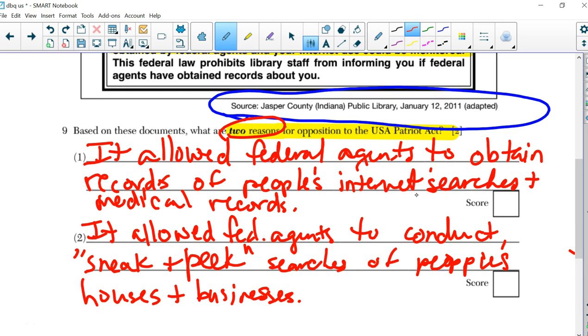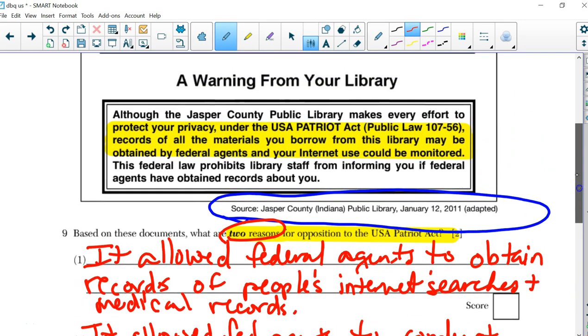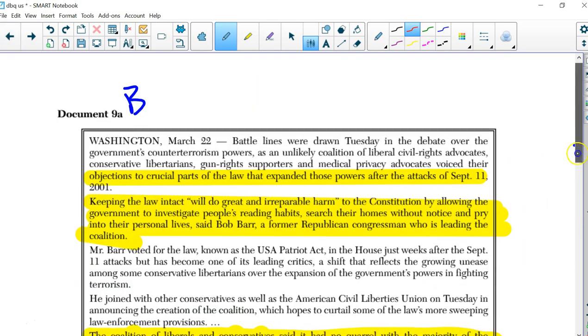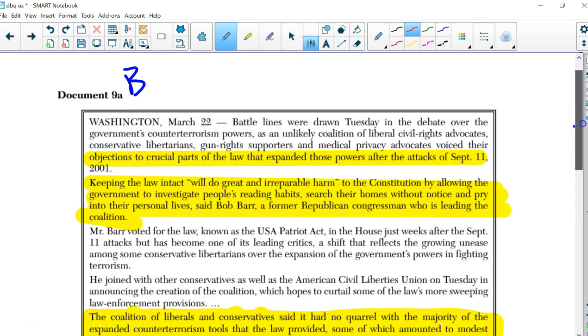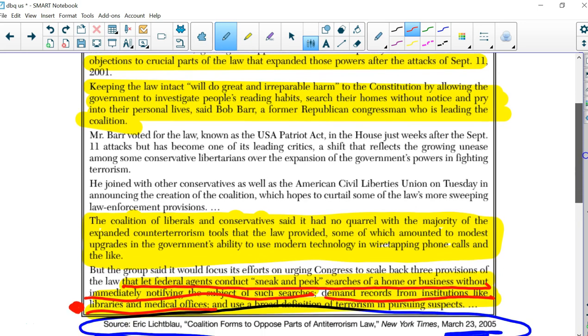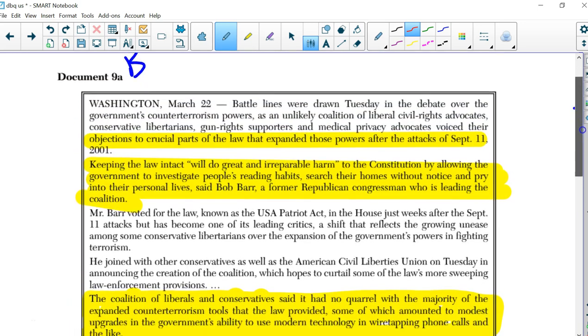If you wanted to write down, it gave a very broad definition of terrorism in pursuing suspects, you could write that. There's a bunch of things you could write in here, right? Laws more sweeping law enforcement provisions. And the things that you can't use, you might be able to use in your essay anyway.